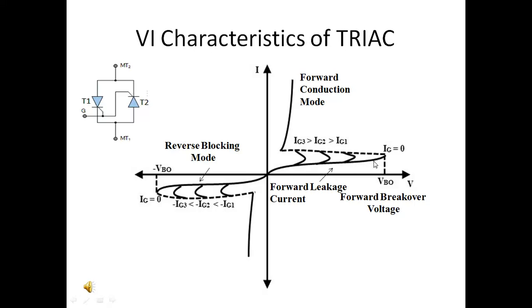And at the forward breakdown, the voltage starts reducing, and again the current increases once we apply a certain gate voltage, which we can see in the VI characteristics with respect to T1 of forward bias.